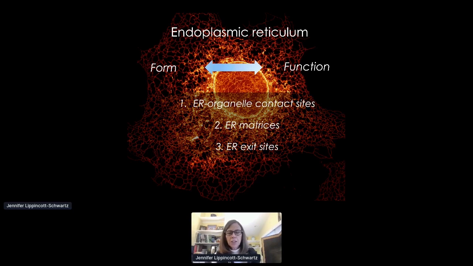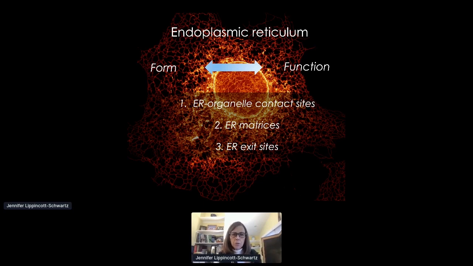And so in my talk today, I want to focus on 3 different structures or forms of the ER, subdomains of the ER, and how through new technologies in terms of enhancing our spatial-temporal imaging of cells, we can get insight into the functionality of these ER subdomains.